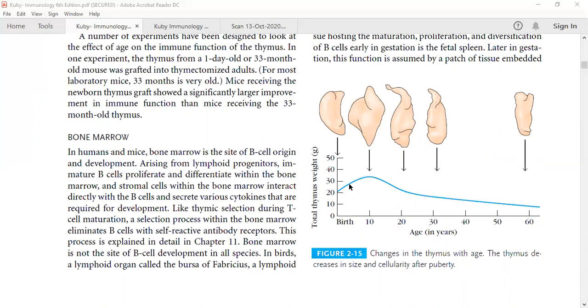The graph shows the structure correlated with this graph. If this graph is growing, it means the size of the organ is increasing. So the thymus will show its maximum size around 10 to 12 years. Then with age, it will decrease in size. And if you observe, around 60 years we have a very rudimentary thymus.